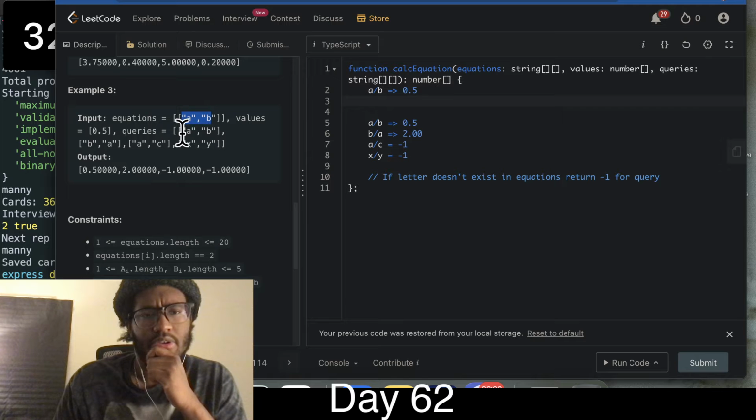What if we take A and B and we find the next case that has both variables, B and A? We know that that outcome is 2, right?